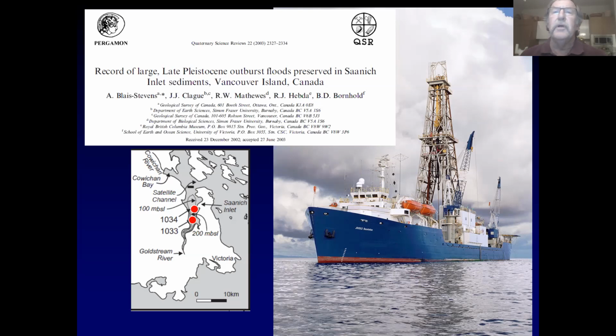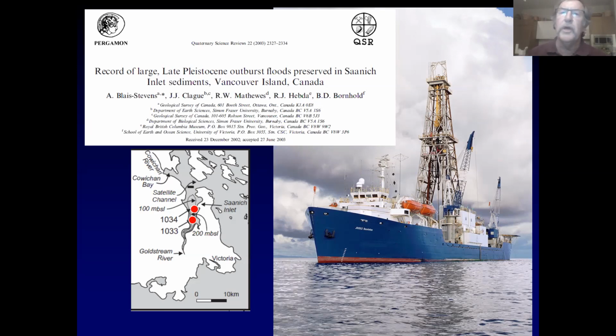And I should point out that this is pretty far from the metropolitan area of Vancouver. It's about 40 miles or 70 kilometers away from Vancouver, which carries some significance.